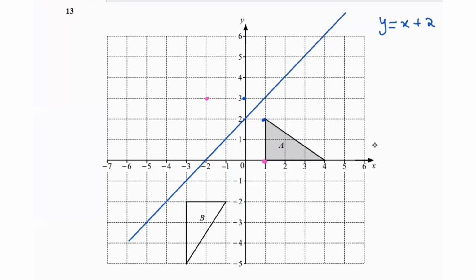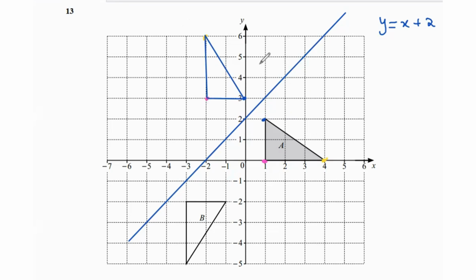And lastly, this point is going to be 1, 2, 3 units. That's going to be over here. So we connect the dots and we can clearly see that this is our triangle.